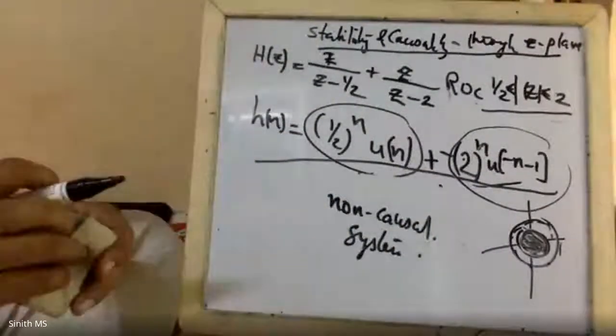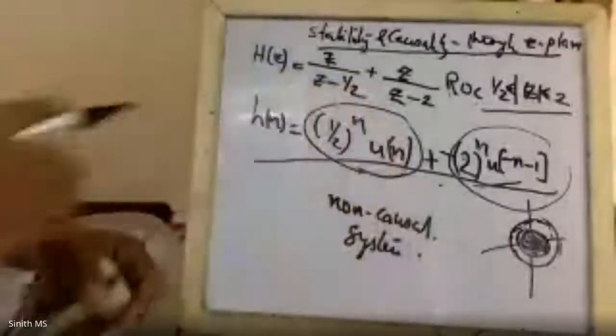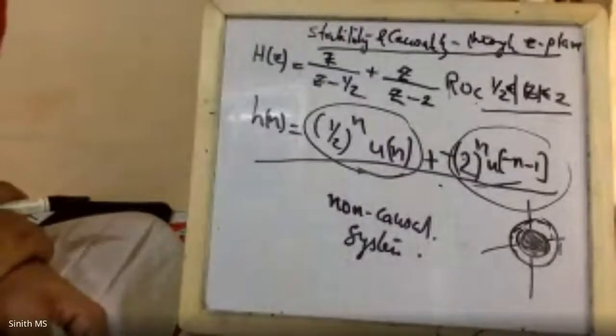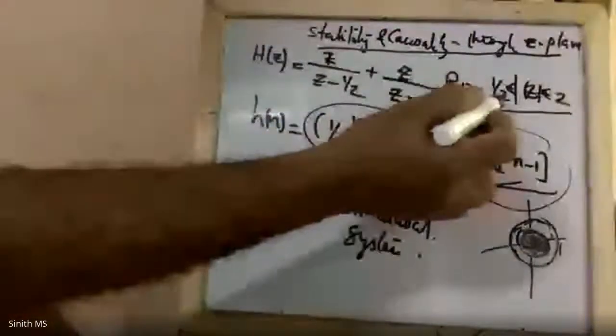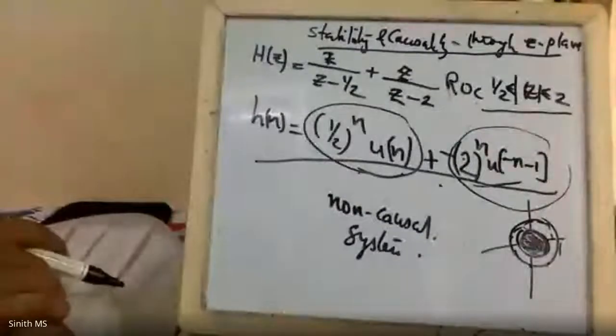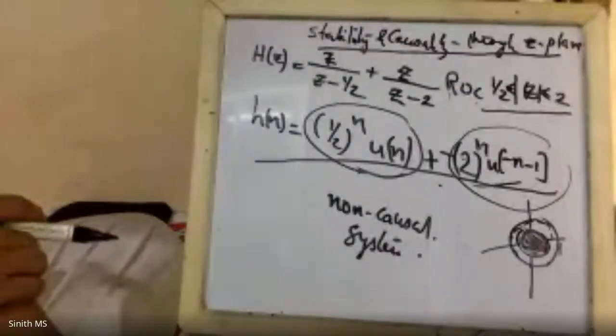It's a non-causal system. And can you tell whether z equal to 1 is included in this? Between half and 2, there is z equal to 1. So the ROC includes |z| equal to 1, or the unit circle. Since the unit circle is included in the ROC, you can tell that the system is stable.